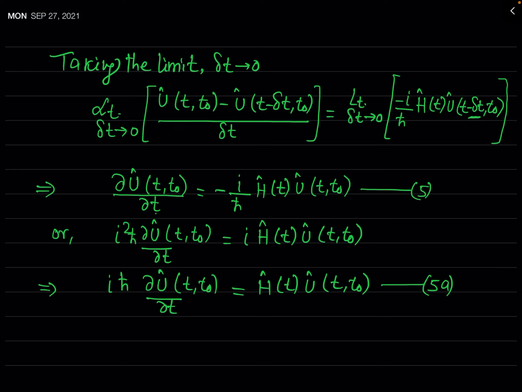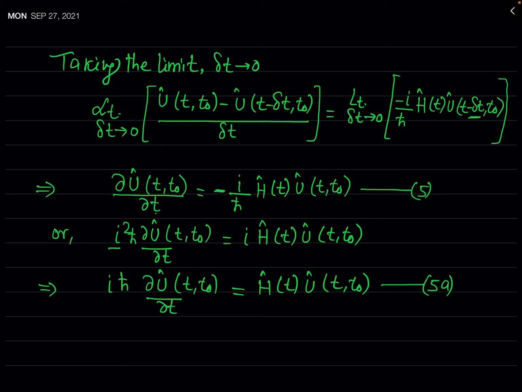Now this minus sign in the RHS you may move to the LHS, but I have written here i squared. It means i squared is equal to minus 1. So this minus has been absorbed in the LHS by taking i squared, and this h bar has been multiplied in the LHS.